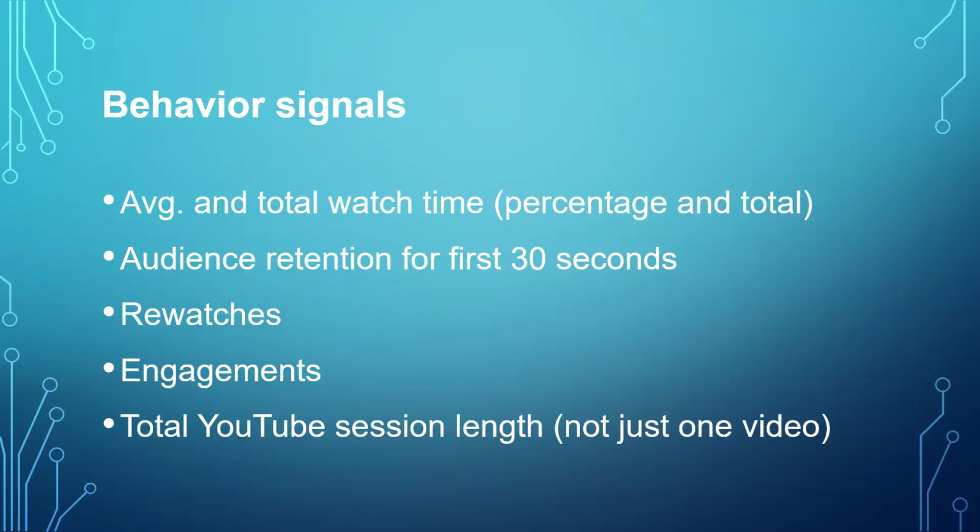Welcome to behavior signals. So video performance is very much a big driver. I would argue this is probably the biggest one of the different types of signals, because you see how well a video is accomplishing its goal.